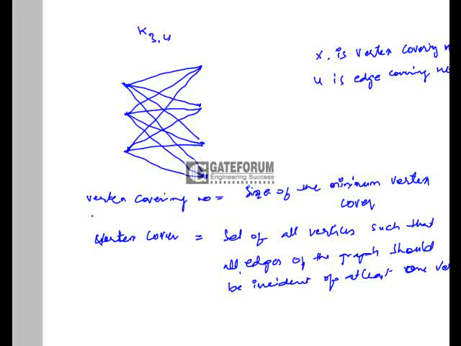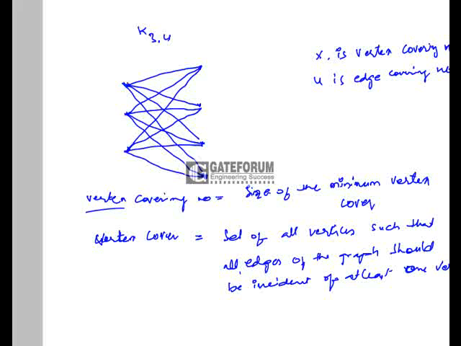So for this graph we can say vertex covering number is nothing but minimum of m comma n. Why? Because vertex covering number is nothing but the minimum number of vertices such that all the edges of the graph are incident to at least one vertex of that set.